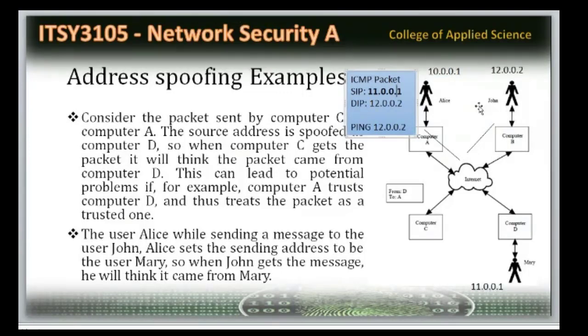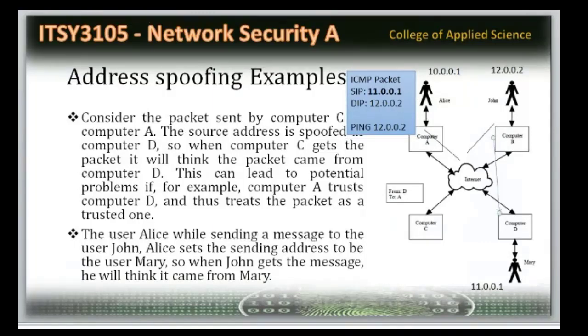To whom? He is going to make a packet for 11.0.0.1. So John is going to send a packet, starting from here, and it will reach 11.0.0.1. That means your reply will go to this particular place.